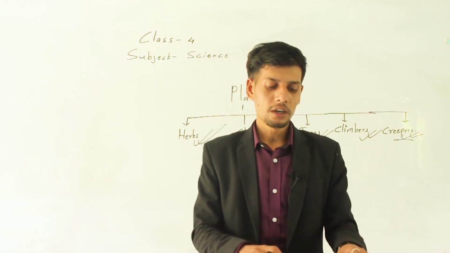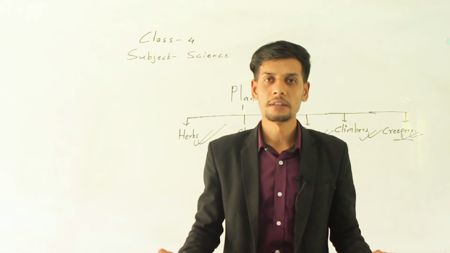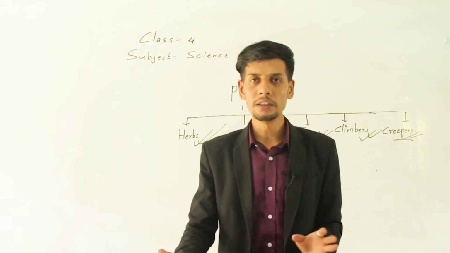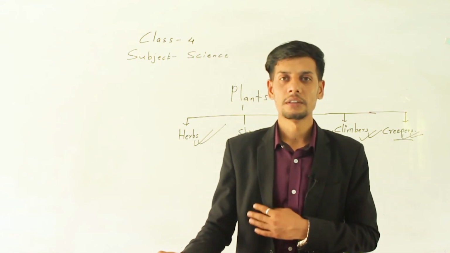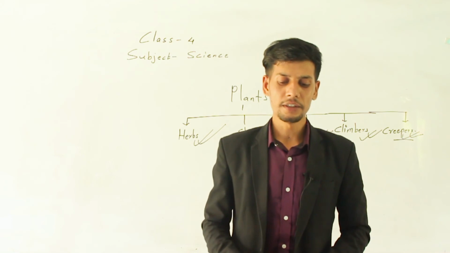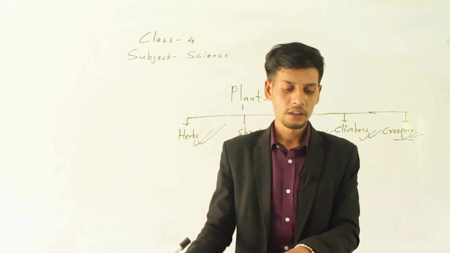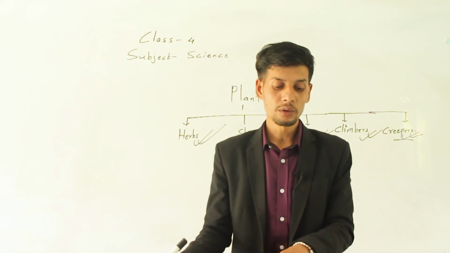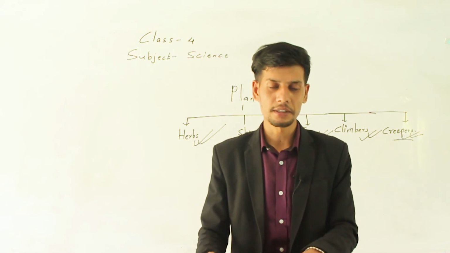It is true because a large number of plants, especially big plants, grow on land. Most of the big plants grow on land. And there are some plants which can grow in water or very wet places.